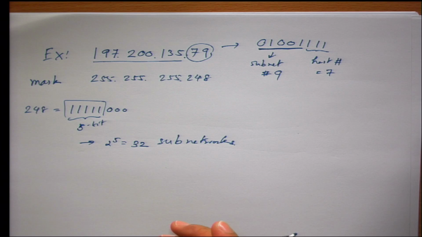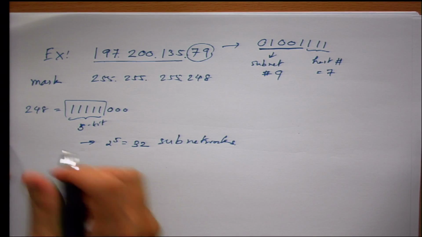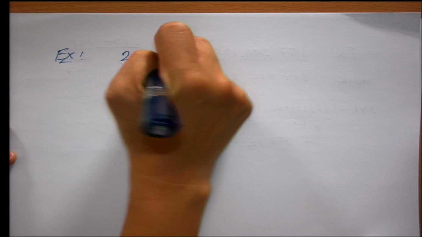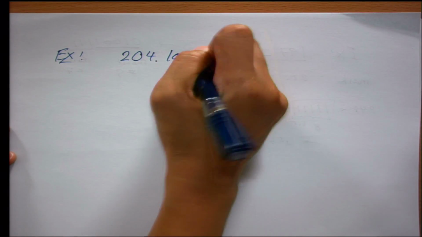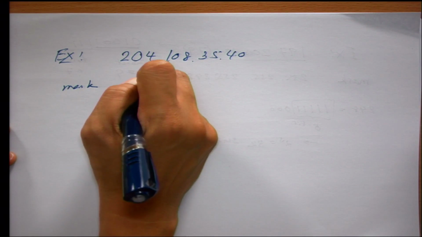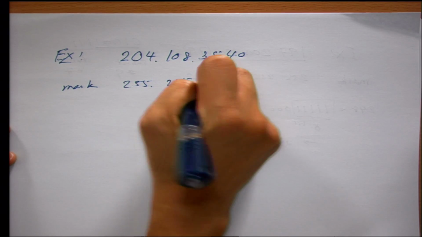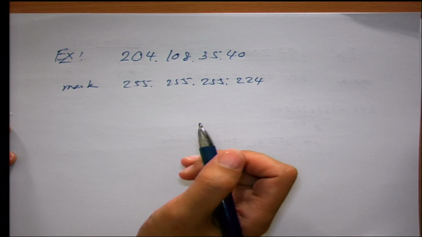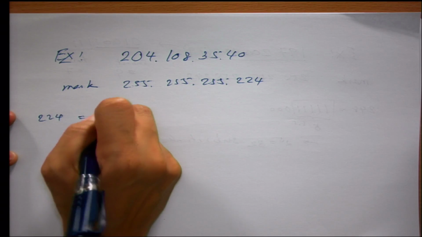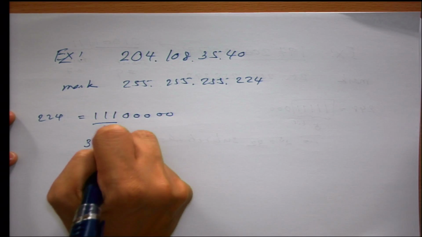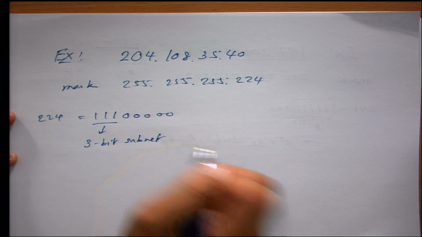Now let's look at another example. 204.108.35.40, and the mask is 255.255.255.224. What is 224? 224 equals 11100000. So you have a 3-bit subnet.